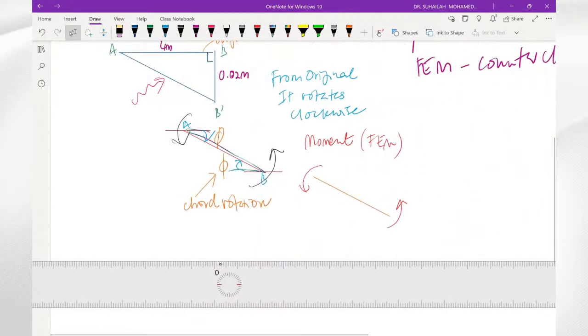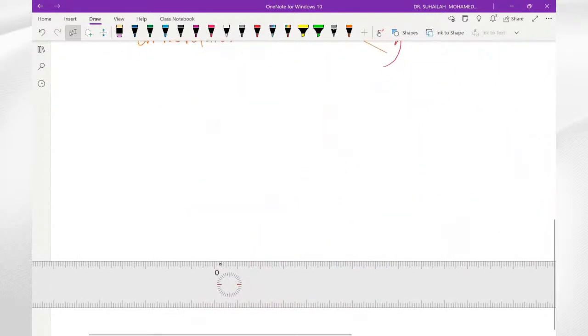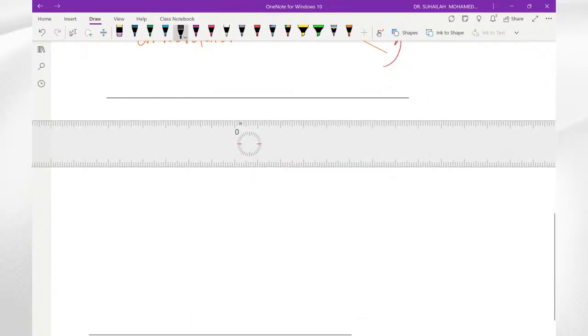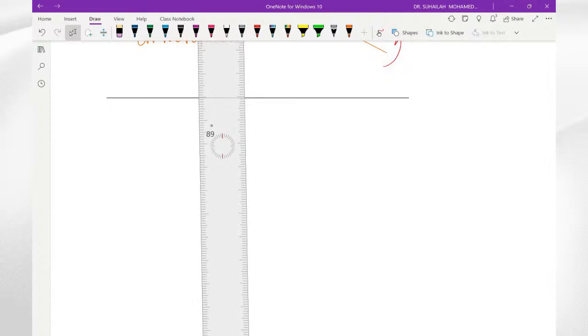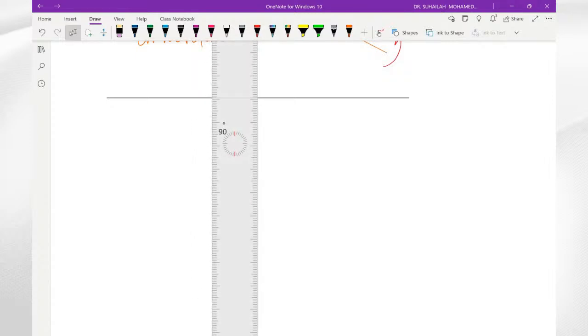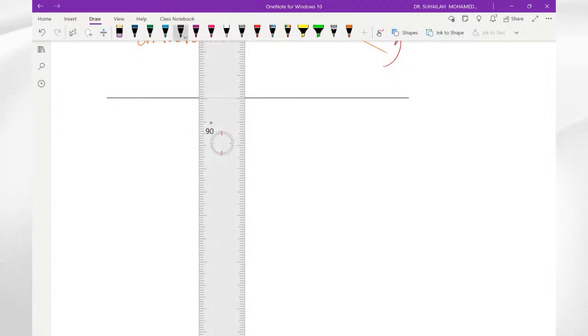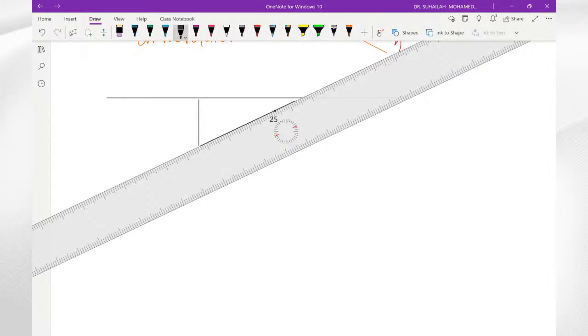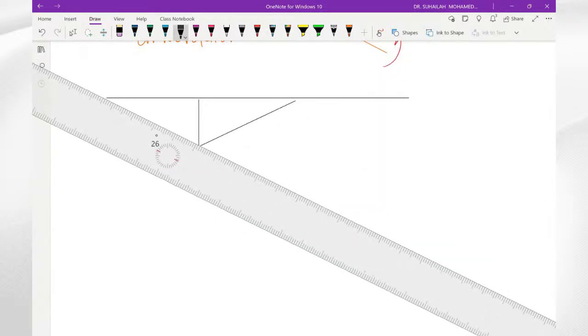So when we have a beam like this that has displacement, support settlement at one position, for example at B position, C will remain the same and A will remain the same.